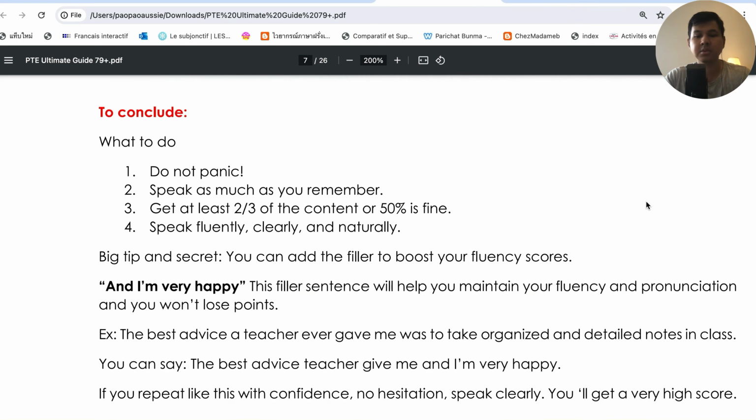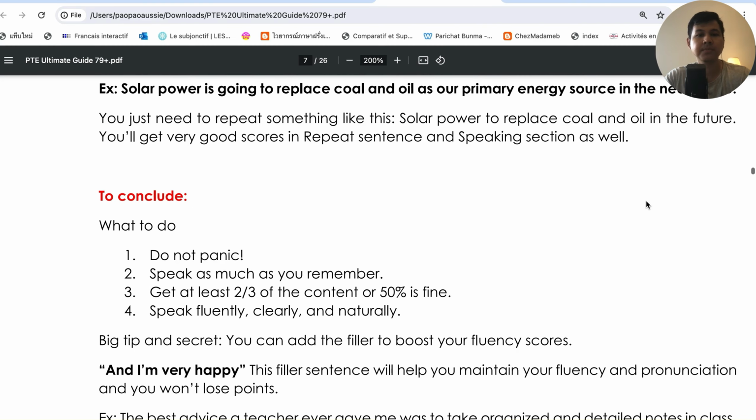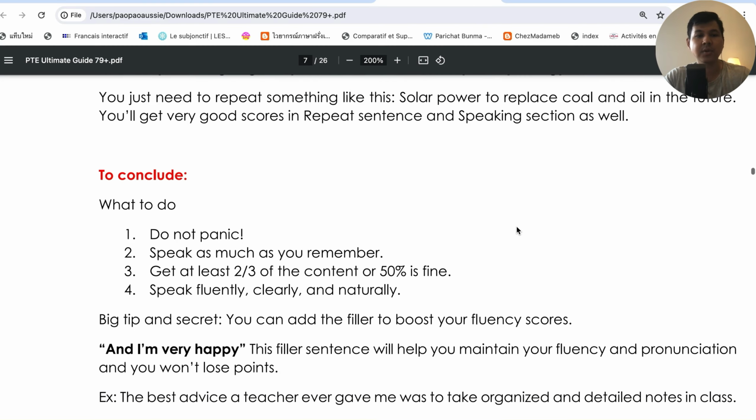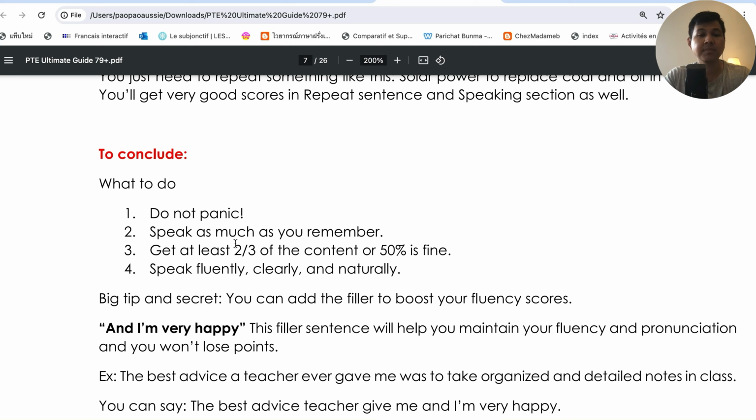And then to conclude, what you have to do for repeat sentence: the first one is do not panic. Just be comfortable, try to concentrate on the question, on the audio. Number 2, speak as much as you remember, because I told you, I repeat one more time, the content doesn't need to be 100% perfect, because even native speakers can't do that.